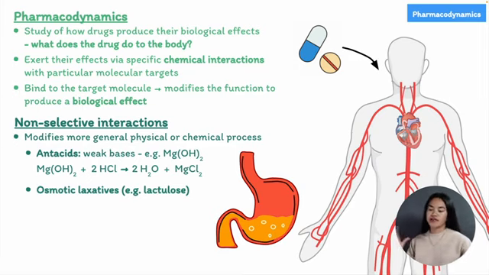So what these osmotic laxatives do is they're going to draw water into the colon, which increases the bulk and softness of stool, promoting bowel movements. This effect is not due to any specific interaction with a drug target, but rather to the physical process of water movement. So these laxatives contain molecules that are difficult for the GI tract to absorb.